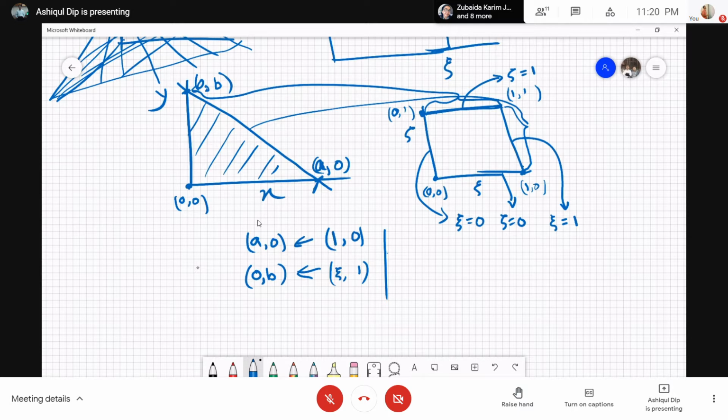Okay, when zeta equals 1, every point maps to 0, b. So we can actually have this basically multiplying the whole thing by 1 minus zeta, right? When zeta equals 1, that gives you 0 always. So my x value should be proportional to this.